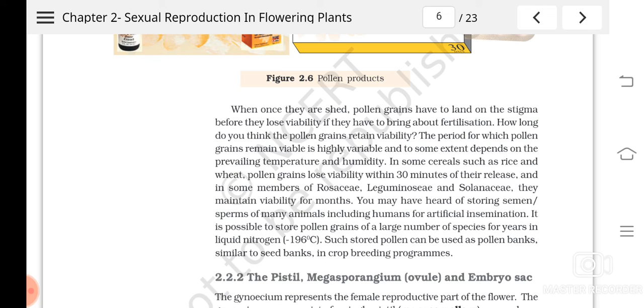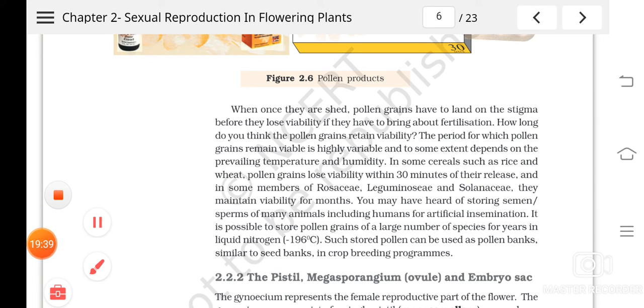This procedure is known as cryopreservation, where we can store living materials in liquid nitrogen at minus 196 degrees centigrade, at low temperature, for many years. This can be used for storing pollen grains for many years.